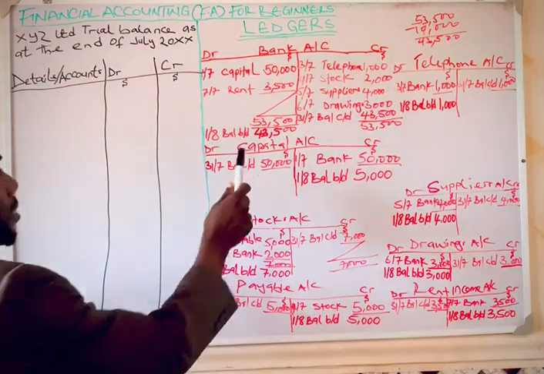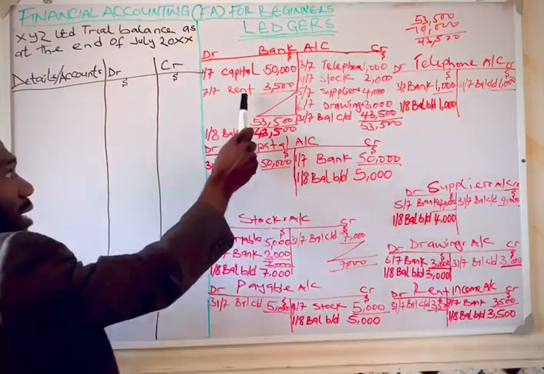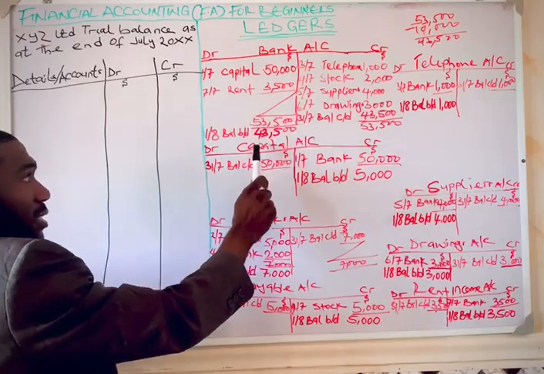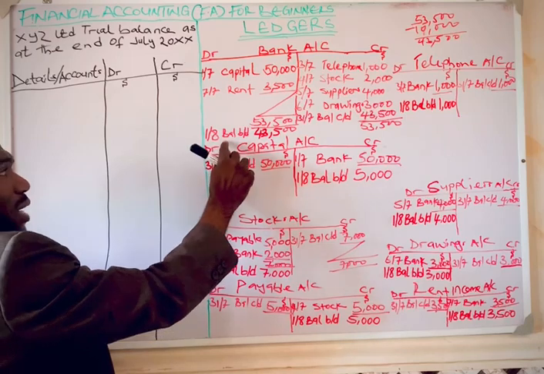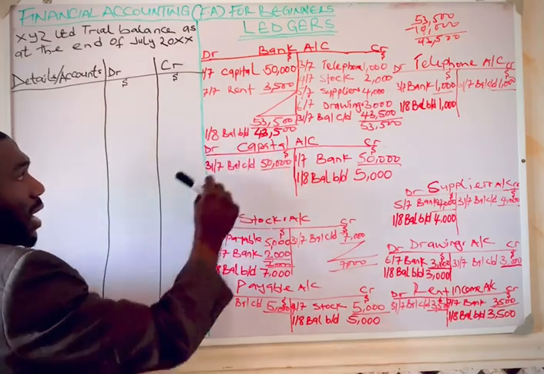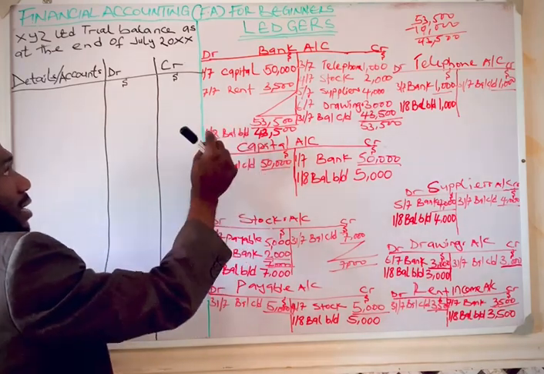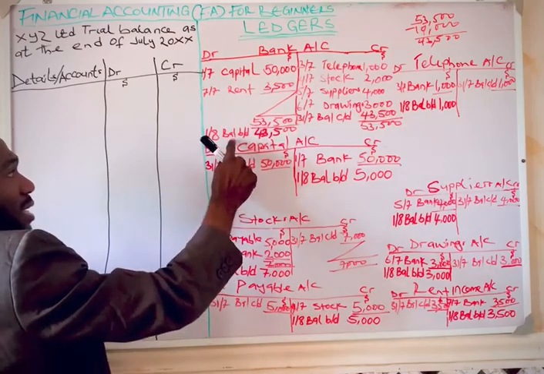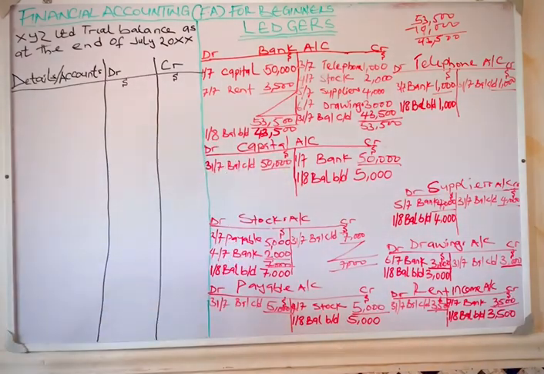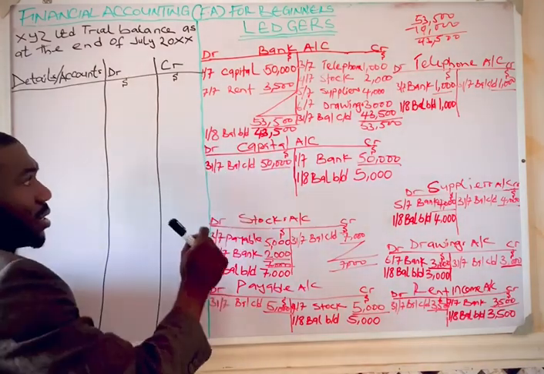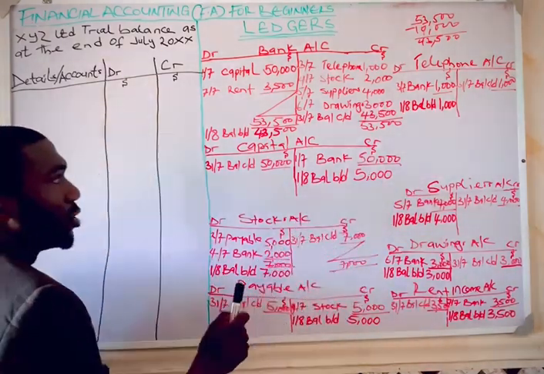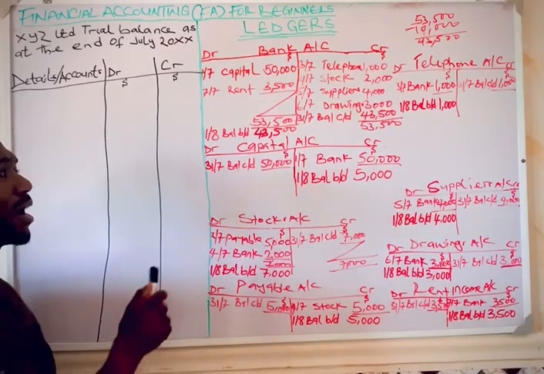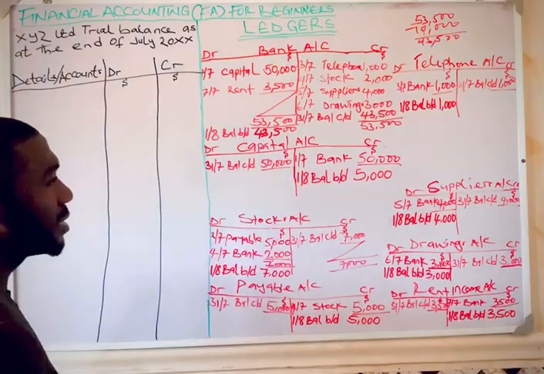Now, for you to know whether an account has a debit or credit balance, you identify your balance BD. For the bank account, our balance BD is at the debit side, so the bank account has a debit balance. Capital account: our balance BD is at the credit side, so the capital account has a credit balance.